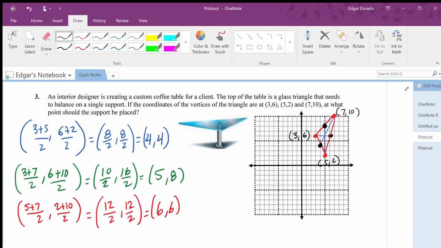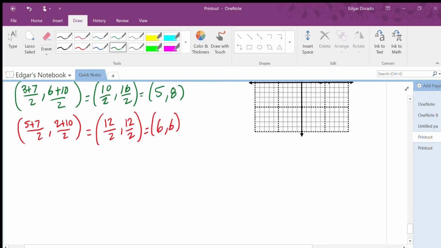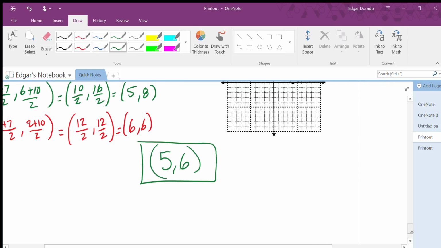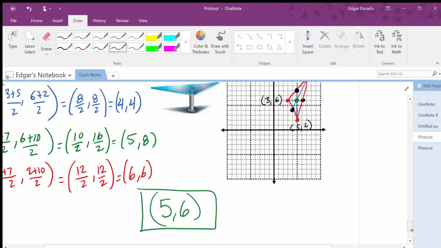All right, it looks like we have a centroid, I'll do it here in green, right around there. And my coordinates there, I believe, are 5, 6. So my support for my single leg table should be at 5, 6.